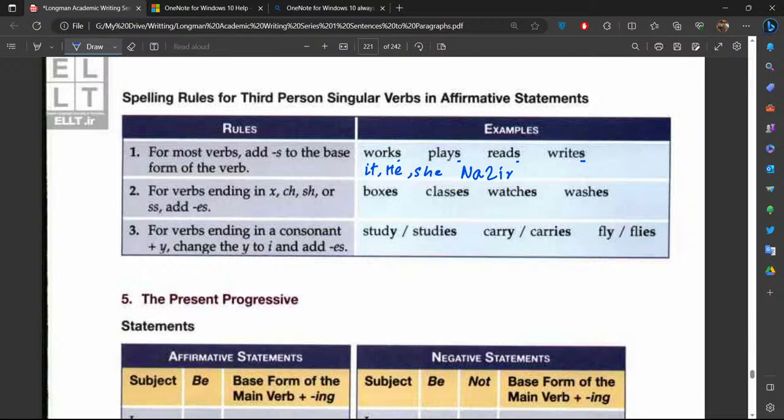And the second rule is for verbs ending in x, ch, sh, or ss, add es. See, this is very similar to the nouns that we add es to. It's kind of the same, but the only difference is: boxes, classes, watches, washes.